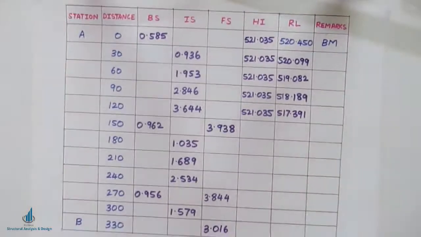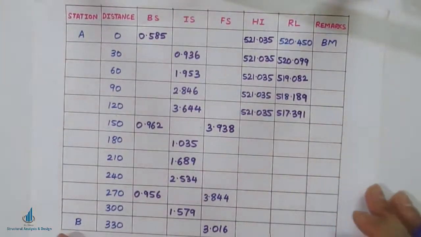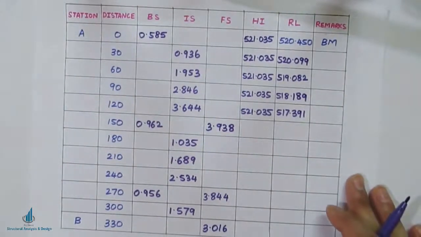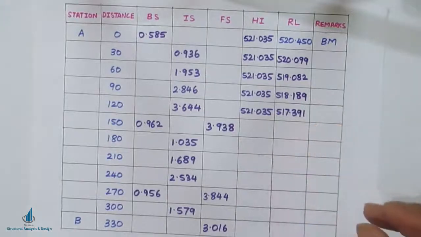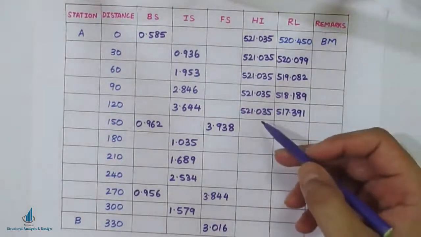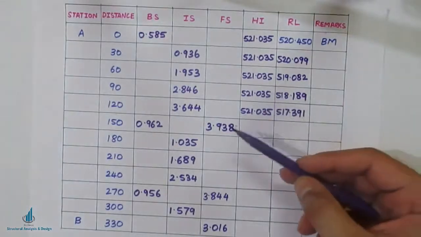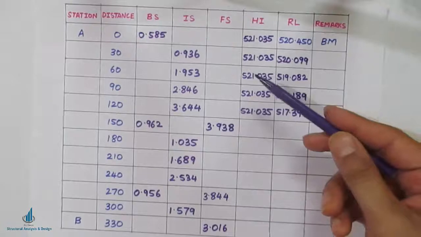Okay, the twist is now at the point 150, right? So you have to find out HI as well as RL. What we'll be doing is, we will be finding out the RL first, right, with the same HI, because the last reading was from foresight. The last reading is foresight from that particular instrument station.